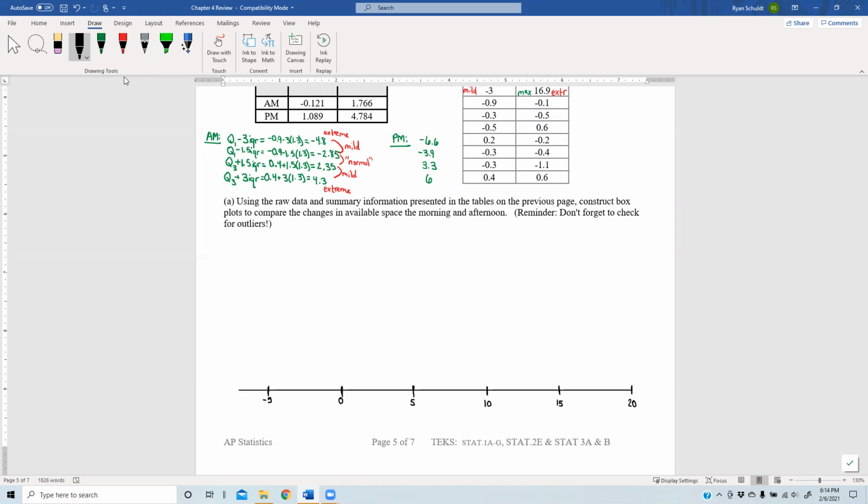So these represent the changes in space.